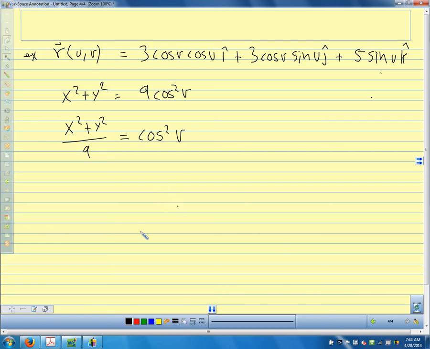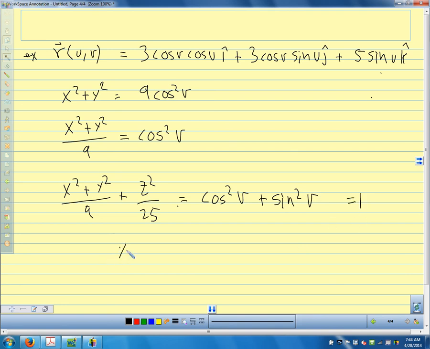So this one's going to be a little bit trickier. So now we want to relate the cosine squared v to the z component. So it's add z squared over 25. So I'm going to say x squared plus y squared over 9 plus z squared over 25 equals cosine squared v plus sine squared v, which is 1.